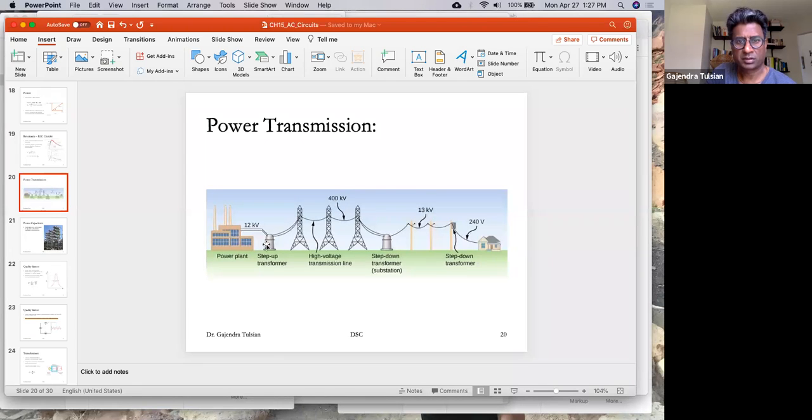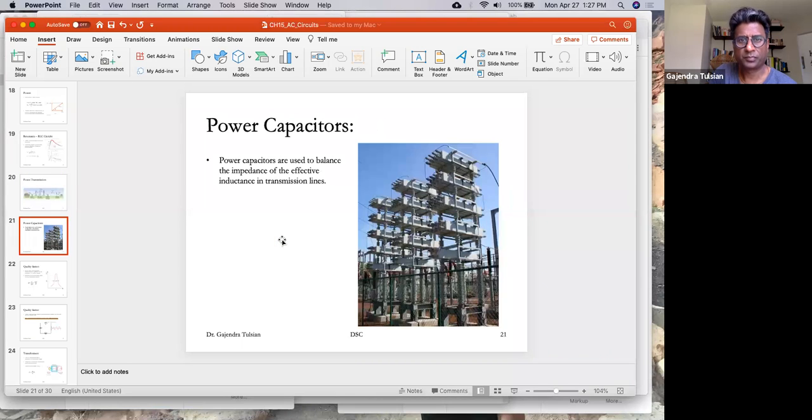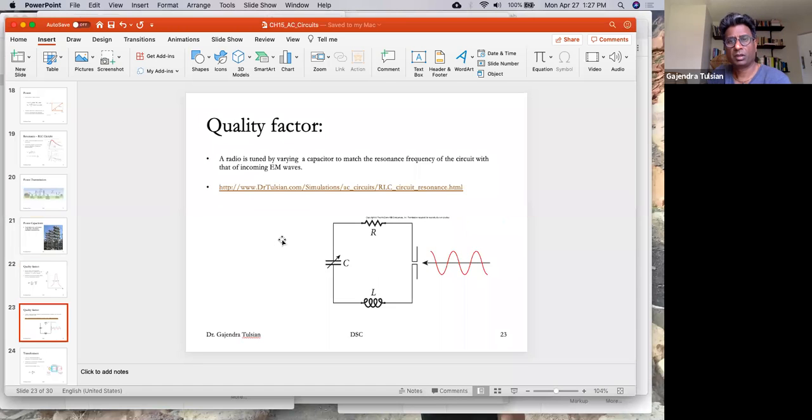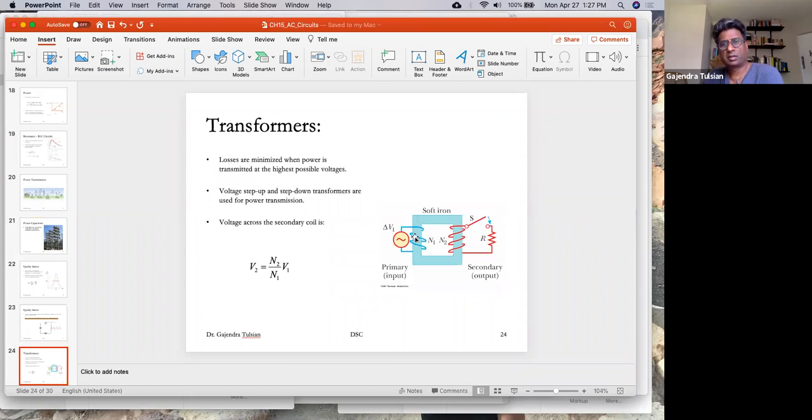Of course, in reality, there are many step-up transformers. The output voltage is given by N2 divided by N1, where N2 is the number of turns here and N1 is the number of turns there, times the input voltage.